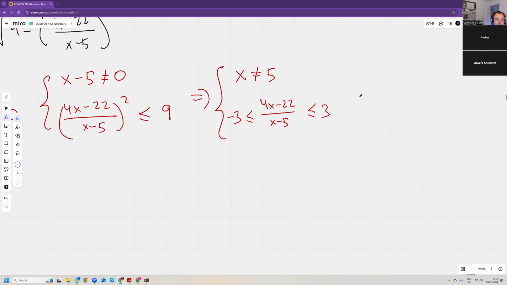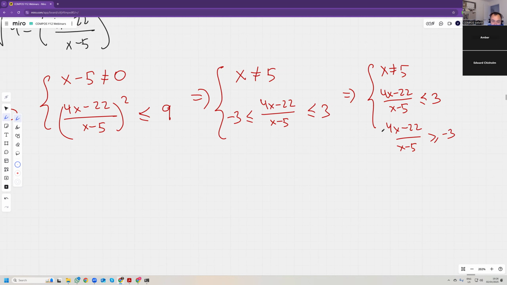And so we can solve these. x not 5, (4x minus 22) over (x minus 5) less than 3, (4x minus 22) over (x minus 5) greater than -3.